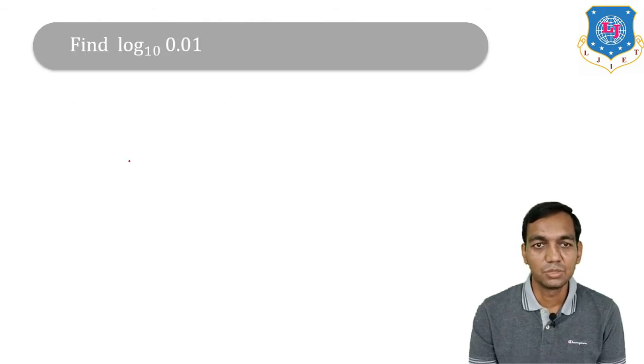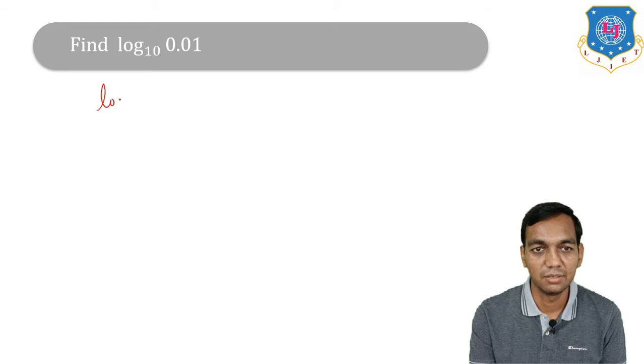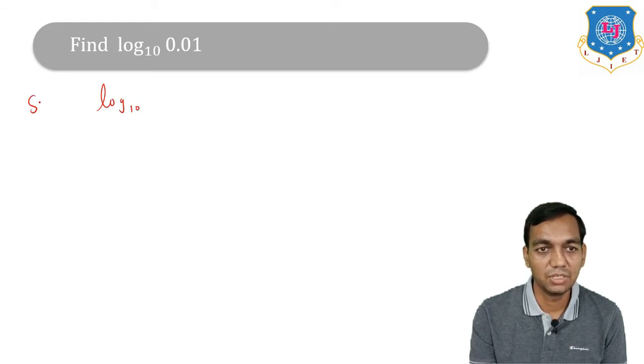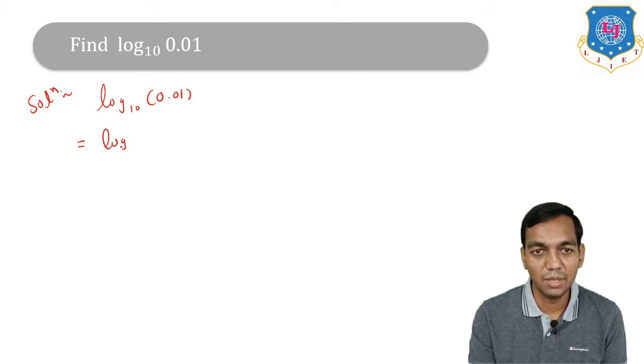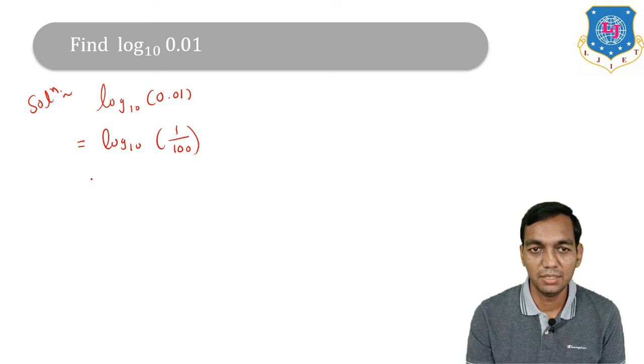So the first example we are going to take is log 0.01 having base 10. Starting with the solution, you have log 0.01 having base 10. So I am going to write this 0.01 as 1 upon 100.